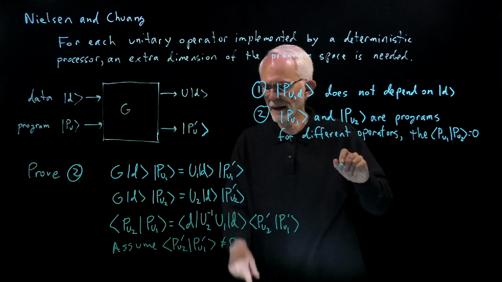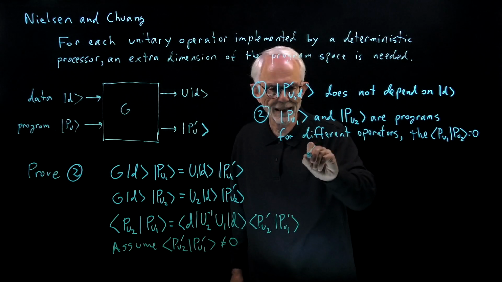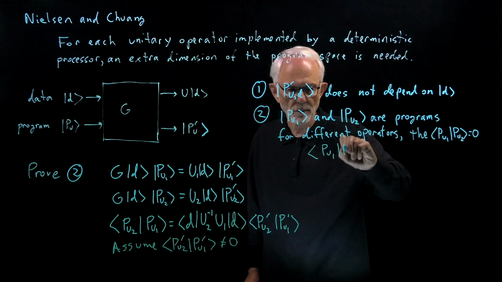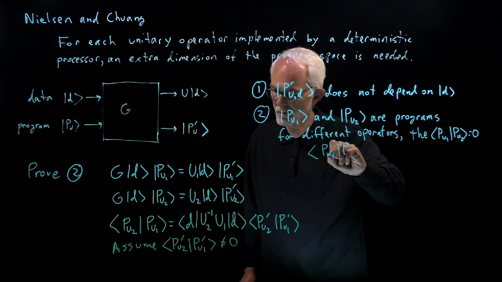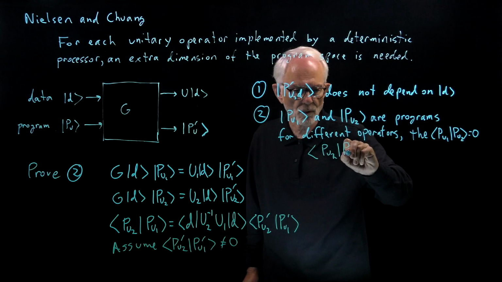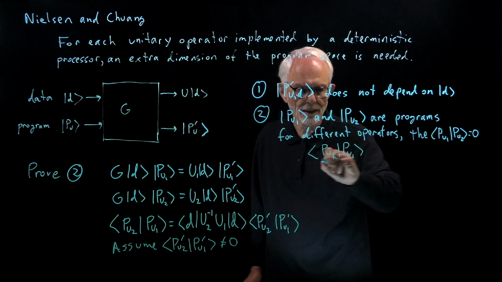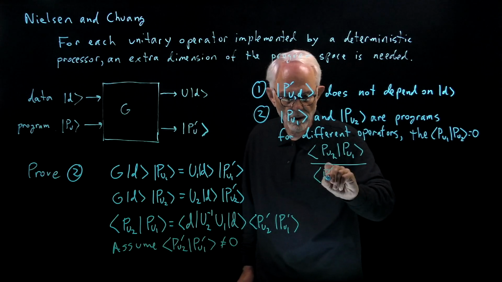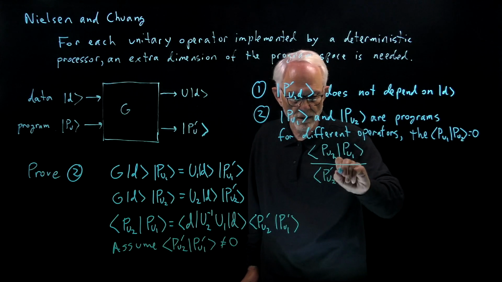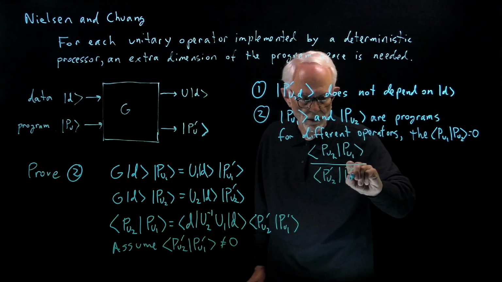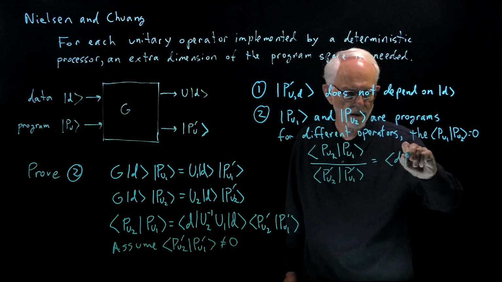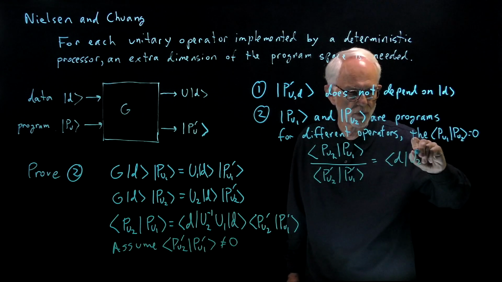If I divide by it, what I'm going to have over here is P U2, P U1 over P prime U2, P prime U1 is equal to D U2 inverse U1 D.